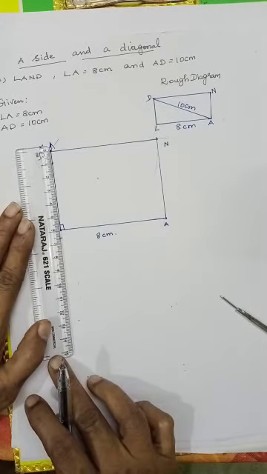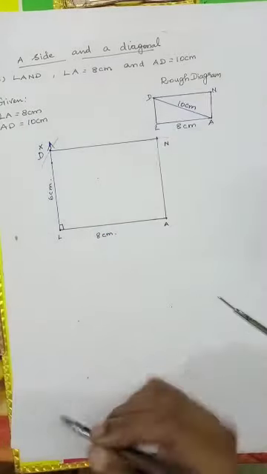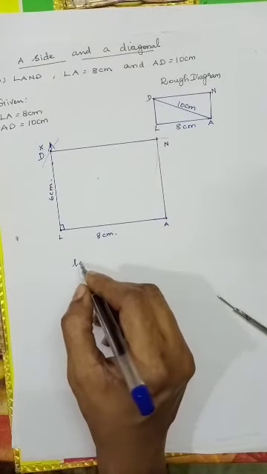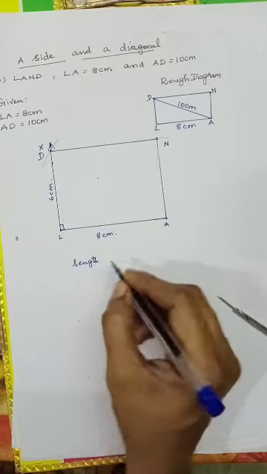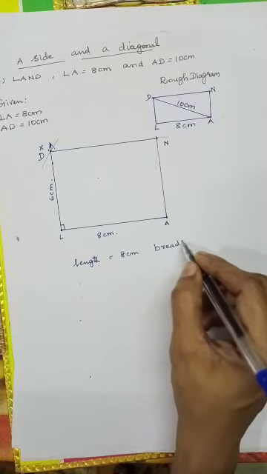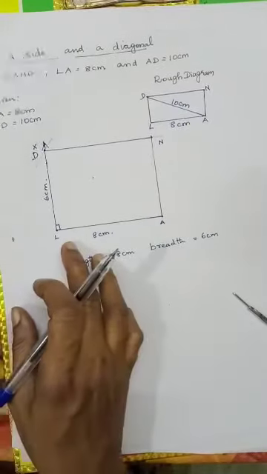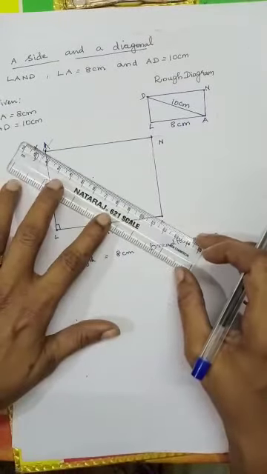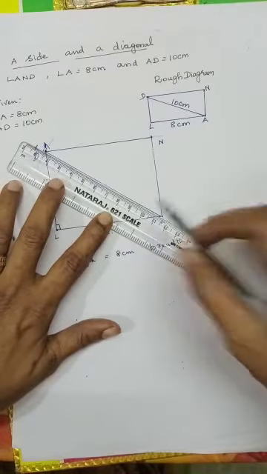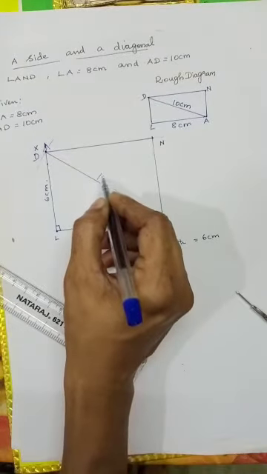Okay, from L you measure, that is the 6 centimeter. That is the breadth of the rectangle. Okay. Now we know length is equal to 8 centimeter and breadth is equal to 6 centimeter. We have drawn one diagonal, isn't it? You join that also. A to D. You join the diagonal. This is 10 centimeter.